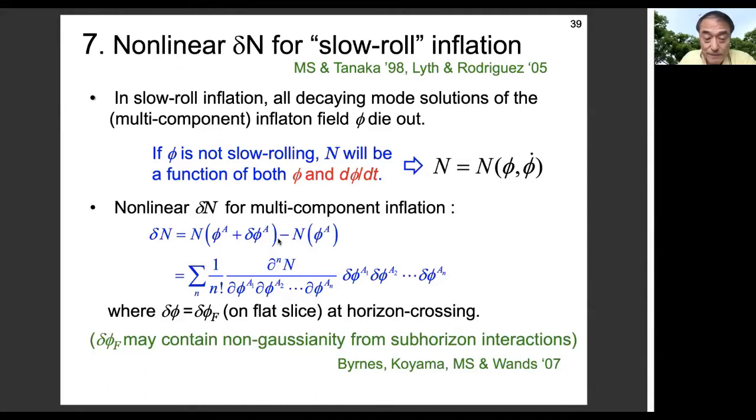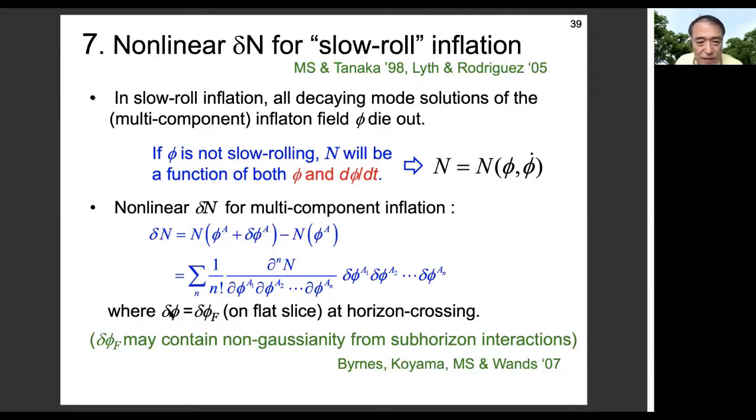Once you know how the number of e-folds depends on those scalar fields, which you can compute by solving the background equations of motion, then you can easily compute the delta N in terms of these fluctuations, which should be evaluated on a flat slice at the horizon crossing.